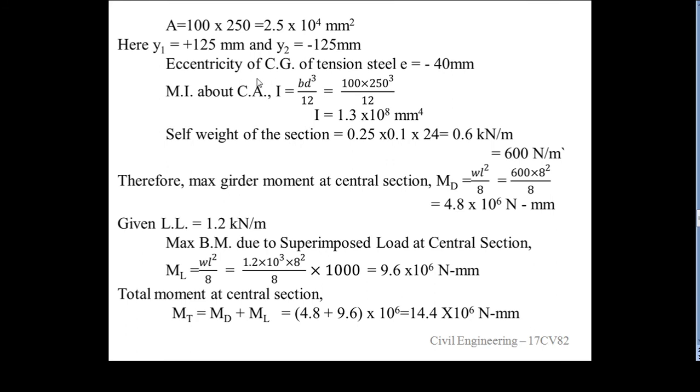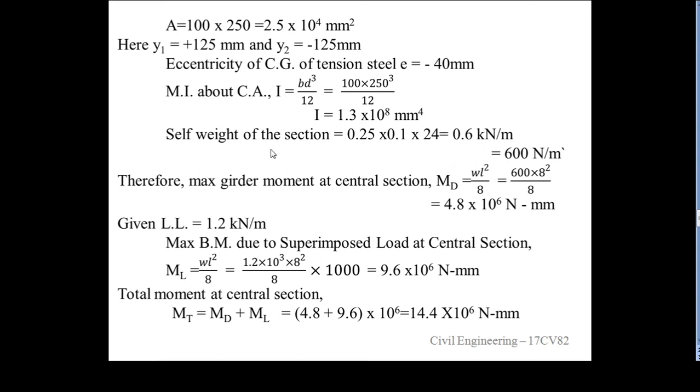Eccentricity of CG of tension steel, e, is equal to minus 40 mm, bottom being negative. Then the moment of inertia about the centroidal axis, I, is equal to BD cube by 12 for a rectangular section, that is 100 into 250 cube by 12, that is I equal to 1.3 into 10 raised to 8 mm to the power of 4.